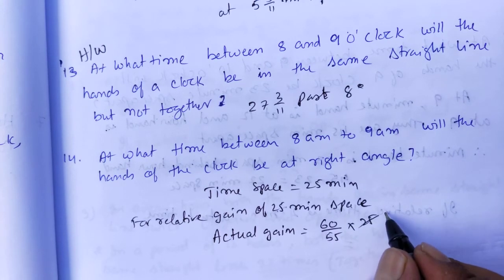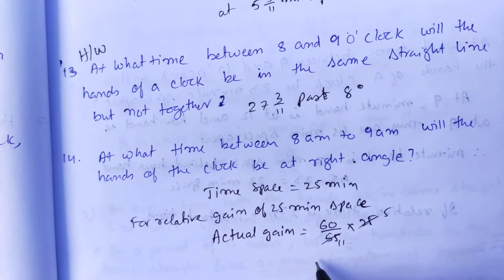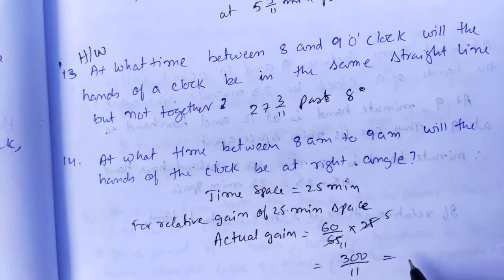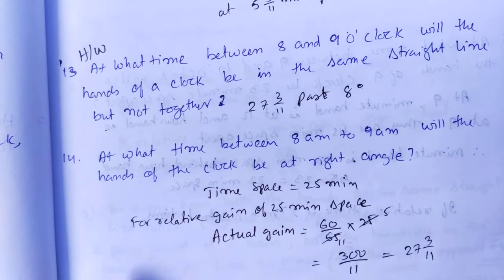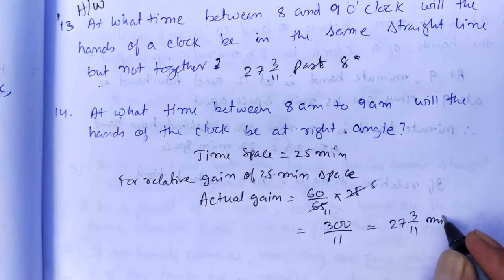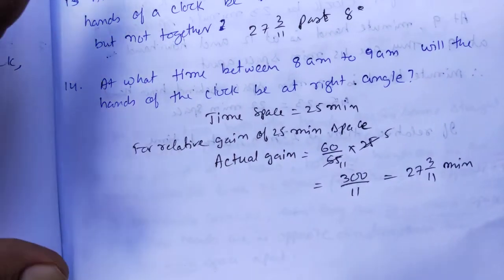Cancel it. 5, 5, 5, 11. So you are getting 300 by 11. If you can convert into mixed fraction, you will get 27 3 by 11 minutes. So at what time it will be something?